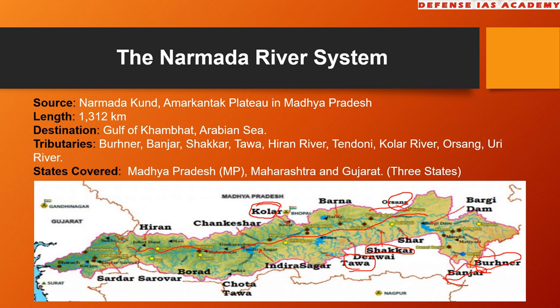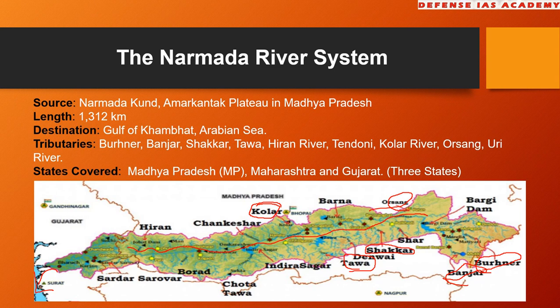So it flows from east to west, and it drains off into the Arabian Sea. Kolar, Orsang, all those are the major tributaries that are flowing into the Narmada river system.